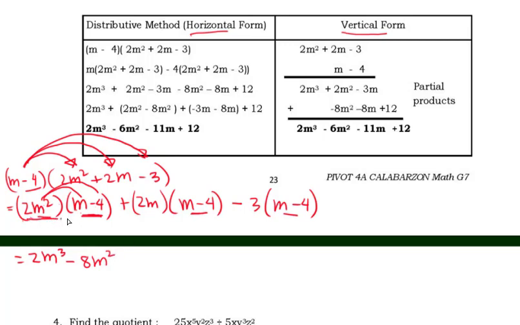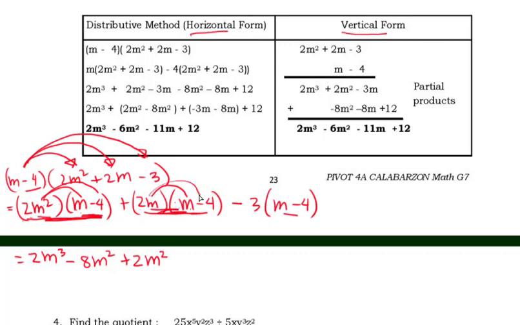We're done with this. Next, 2m times m: 2 times 1 is 2, there is an invisible 1, and m times m is m square. We're done with this.